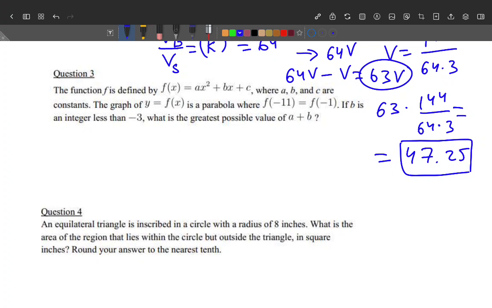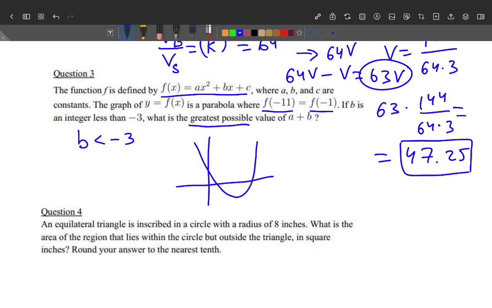The function f is defined by this, where a, b, and c are constants. The graph of y is a parabola when it is like this. If b is an integer less than -3, what is the greatest possible value of a plus b? It means if the parabola is in this form, at any point, it has the same y values.